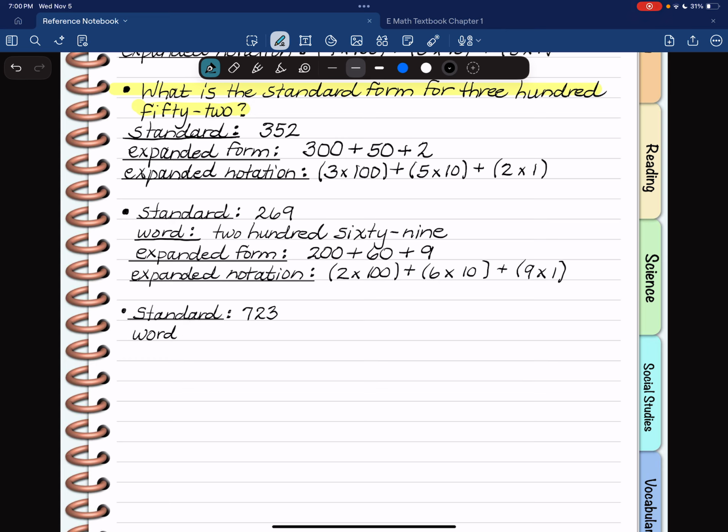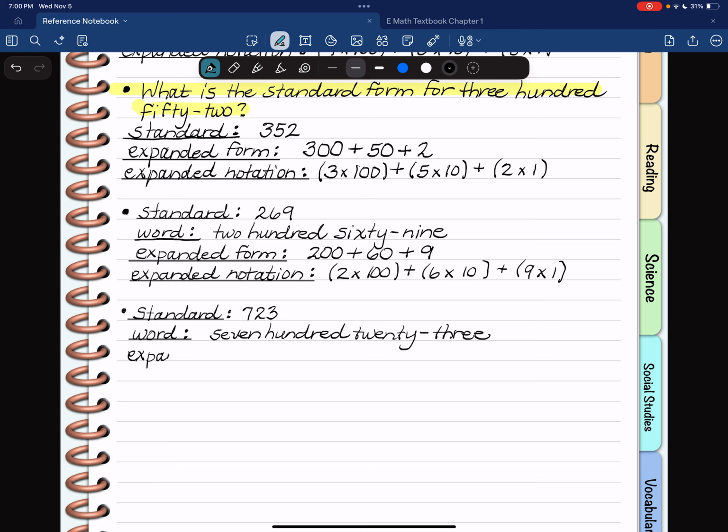You don't say 723, you say 700. Do you use a comma? No. Only after 1,000. 20 hyphen 3. 723.